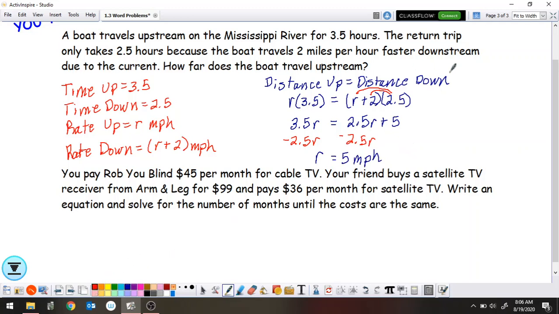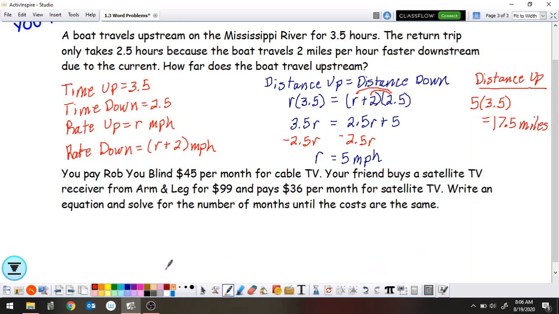So to find that distance upstream, we need to take that 5 times 3.5 for a total of 17.5 miles.